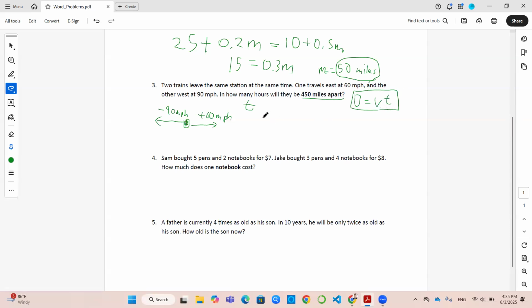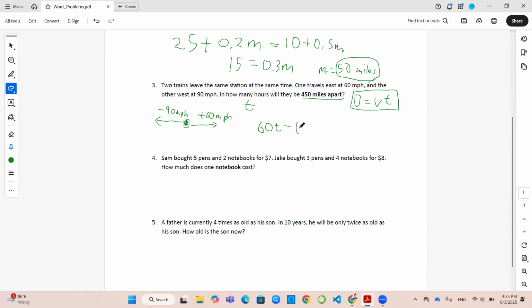And all you got to do is, since we're trying to determine how far apart the two trains are, we're going to first multiply the t by the train traveling east. Subtract. Now, don't forget to put the minus because the train traveling to the west is traveling the opposite side.